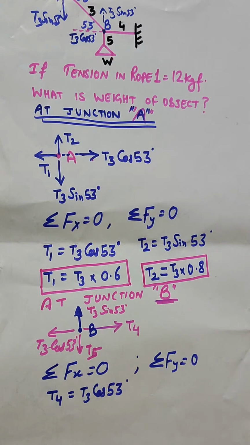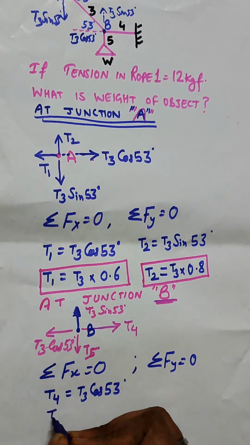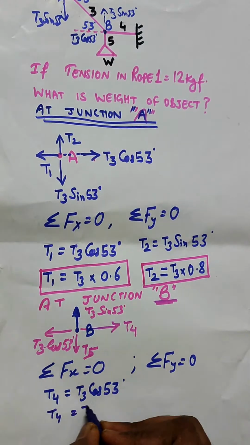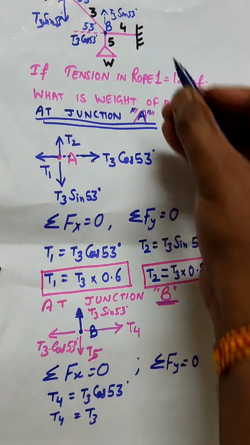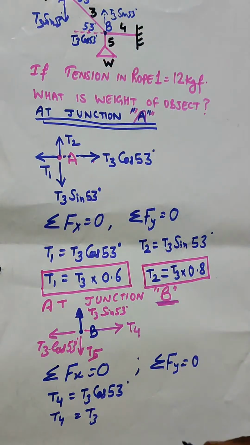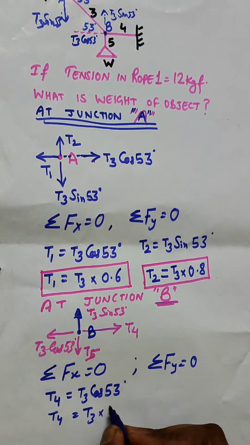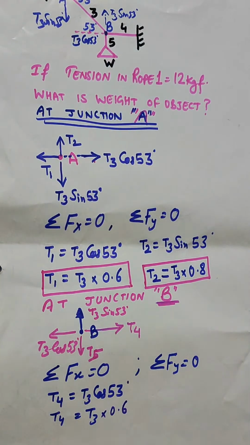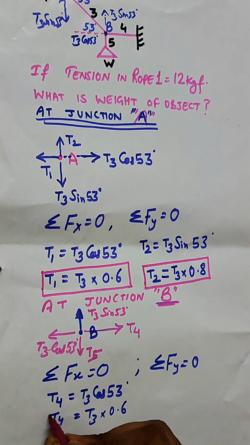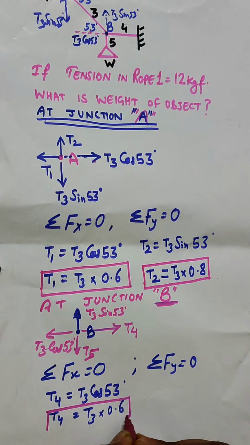When you put in the value, cos 53 is 0.6, so T4 equals T3 into 0.6. So this is another relation which we derive.